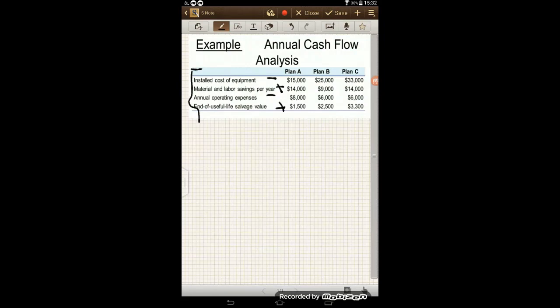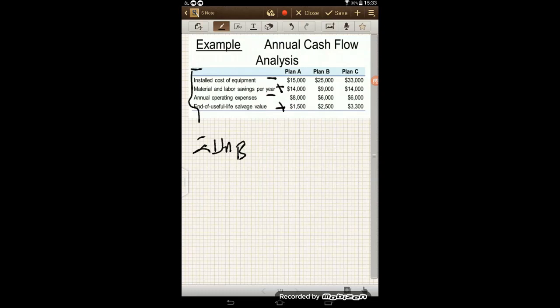So let's define our equivalent uniform annual benefit. So when I said benefit, again, I said salvage value and then this material labor savings per year.